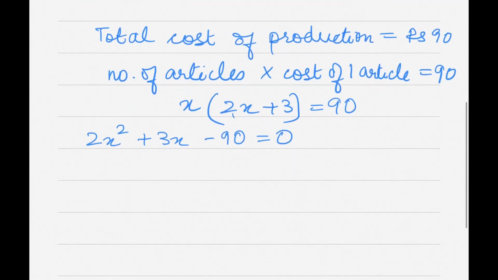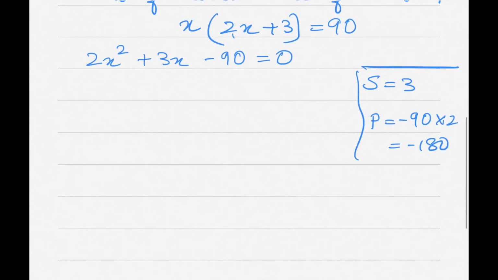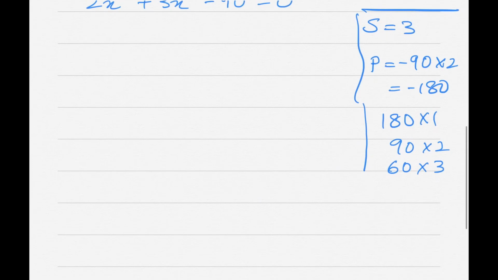So now I have to find the factors. I have to find two numbers whose sum is equal to 3 and product is equal to minus 90 into 2, so that gives me minus 180. Okay, let's find the two numbers. Two numbers would be 180 into 1, no, then 90 into 2, then 60 into 3. The sum has to be 3, guys, positive, and the product is negative, so I can say that there will be a difference of two numbers.